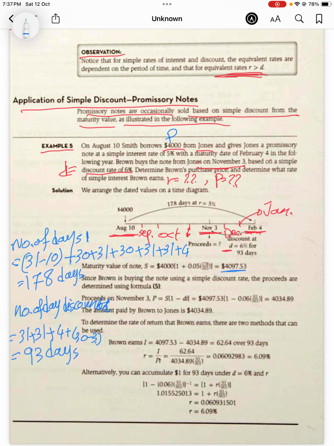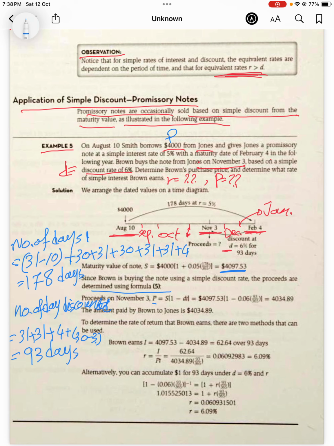It will be 4,997.53. Since Mr. Brown is buying the note using a simple discount rate, the proceeds are determined using Formula 5.